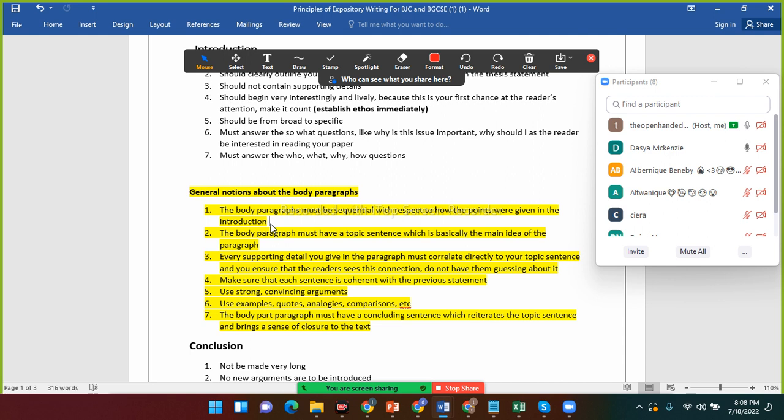That means it must go in order. Whichever point you have first has to be your first paragraph, and whatever point you have second has to be your second paragraph. You can't have your first point as your third paragraph. Exactly, that's exactly what I mean.